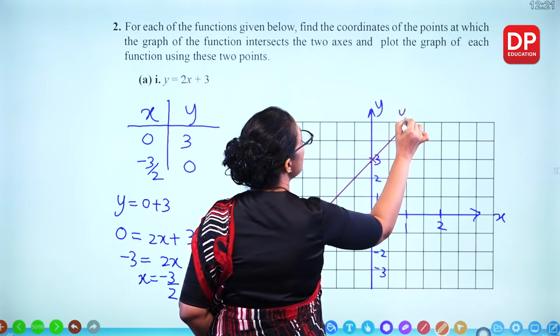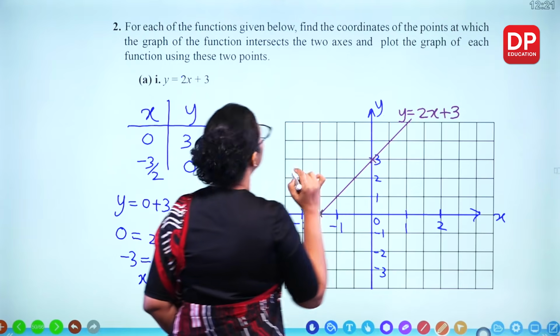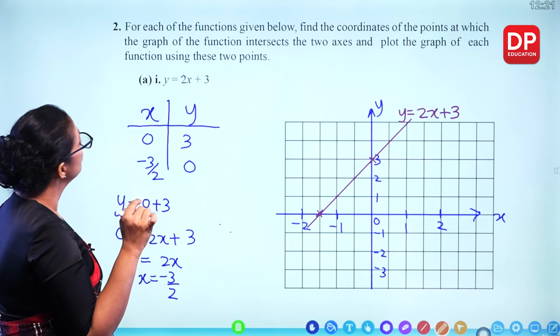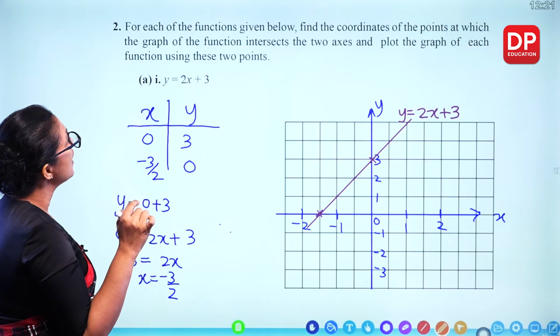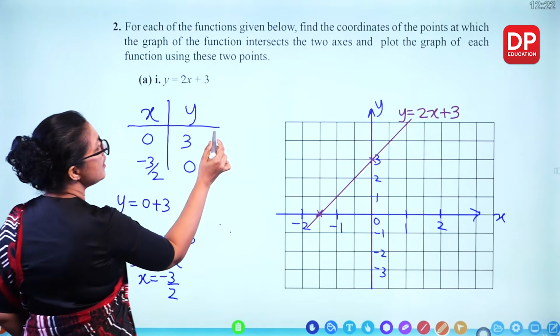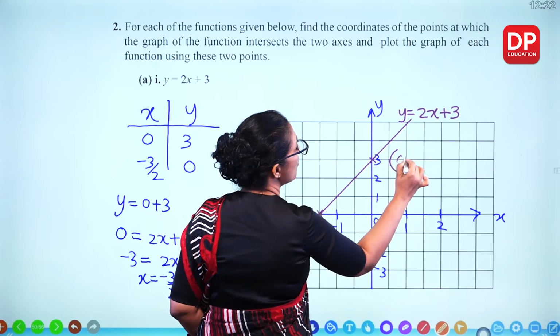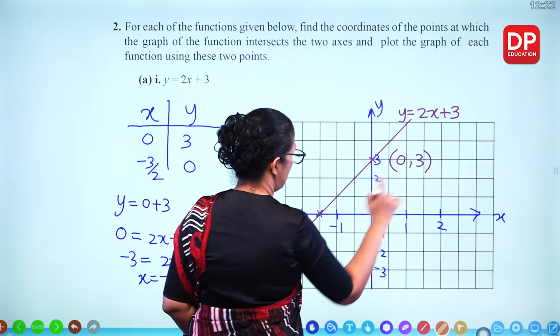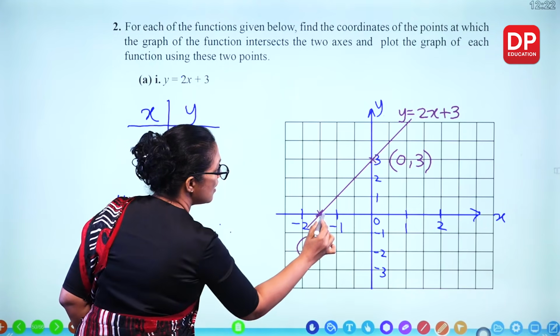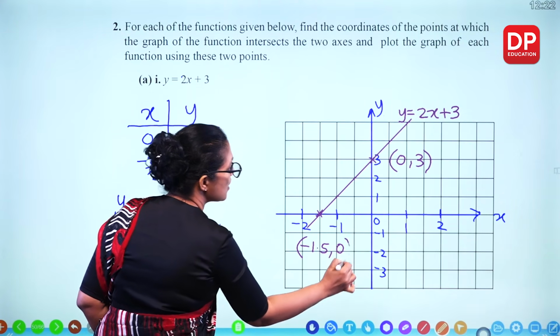You get y equals 2x plus 3. So what are the coordinates of points? Coordinates means 0, 3, and here minus 1.5 with 0.